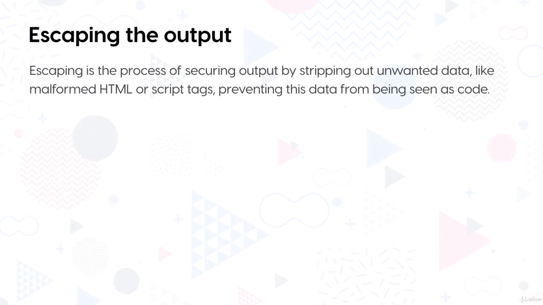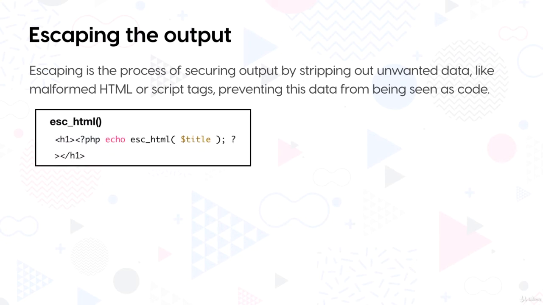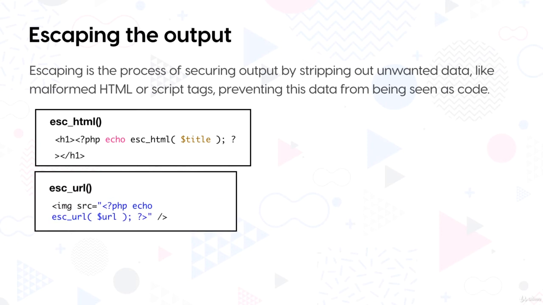So here is the WordPress definition of escaping. And here are some of the escaping functions. Escape HTML, for example, will be used if you are rendering something inside HTML tags, like maybe rendering a title inside of H1 tags. We also have escape URL when you are outputting a URL, like for example in a source attribute or an href.